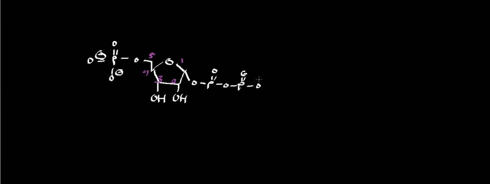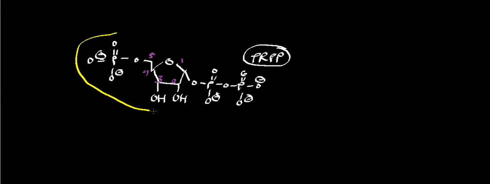So this molecule that I'm drawing is called PRPP, or phosphoribosyl pyrophosphate. And PRPP is basically the universal ribose donor. If you want to transfer a ribose onto something, what you're actually transferring is this component right here, and it comes from PRPP.